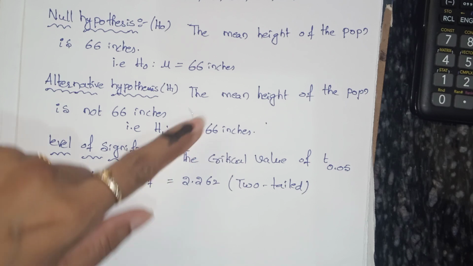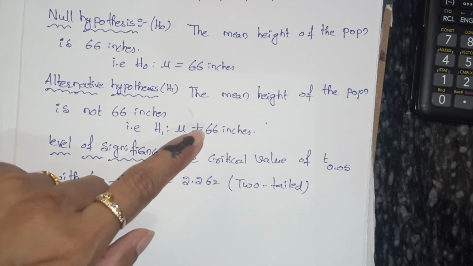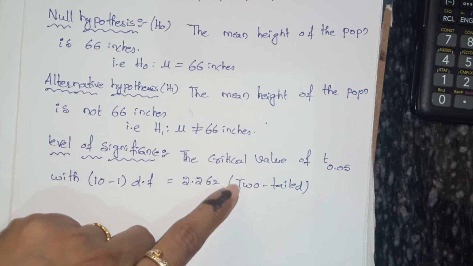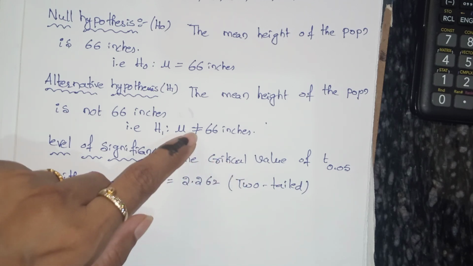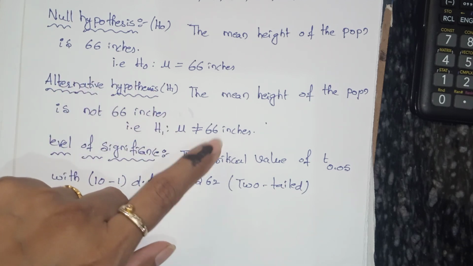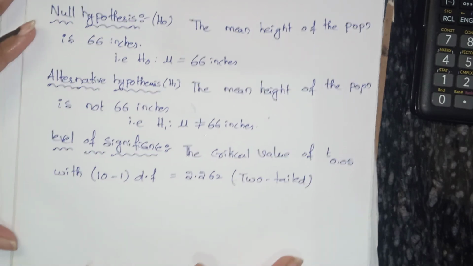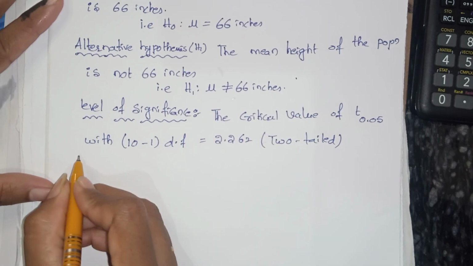So here it comes not equals to, which means we have to use two tail. If we get a greater than symbol in the alternative hypothesis, we have to use right tail. If it is less than, we have to use left tail table values.